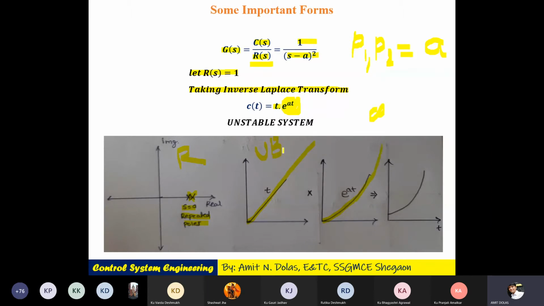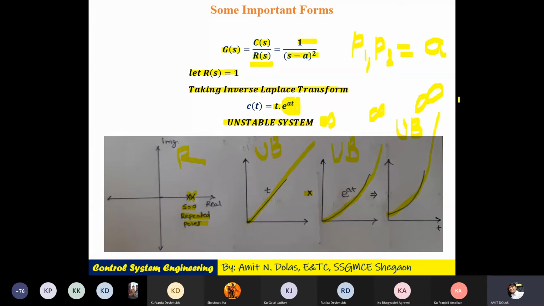This is going towards infinity and this is also going towards infinity, both unbounded, so this is also unbounded. If I multiply t and e raised to power at together, the signal will start from here and will also go towards infinity. So is it bounded? No, it is not bounded. The final product t into e raised to power at is also unbounded. Thereby the system is unstable.